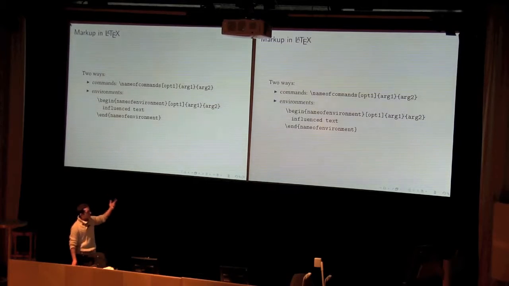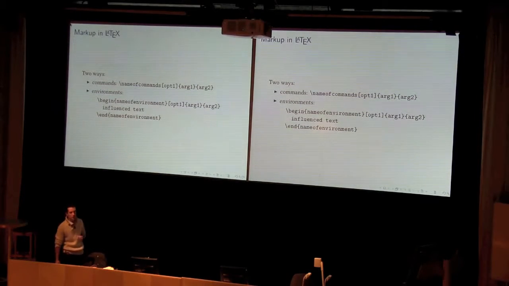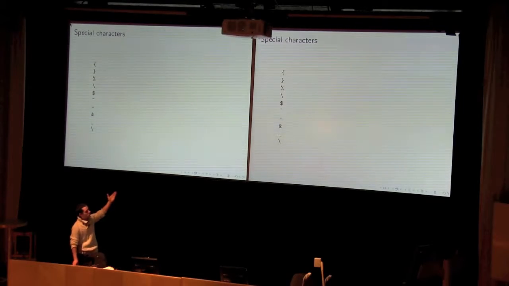So, as you can see, not any characters can be seen as just text. In between I say it's influenced text, but we can't put anything, because some things may be interpreted as commands. Okay? So we have special characters, the first being the curly braces that are used to group things.